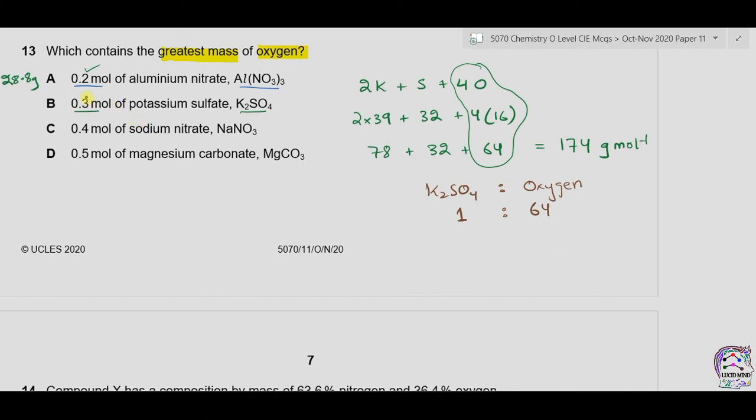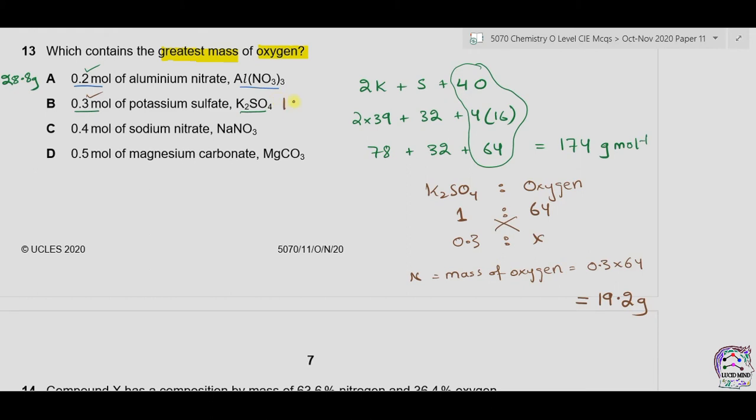Similarly, 0.3 moles are given in the question. So for 0.3 moles, we would have X grams of oxygen. By cross multiplying, we can find the value of X. The answer is equal to 19.2 grams of oxygen.